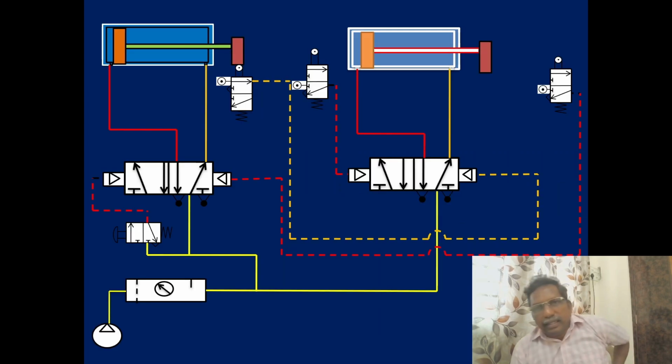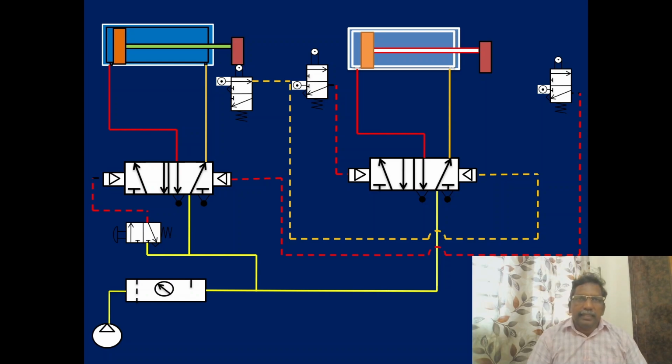Now we have already discussed so many things about actuating devices. For example, we have seen many examples of double acting cylinder and single acting cylinder with speed control. Today you can see how the action will happen.